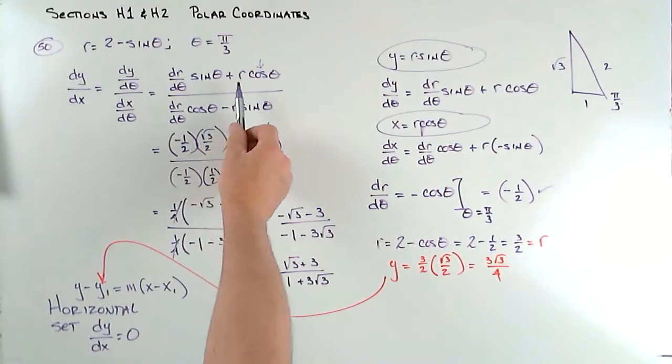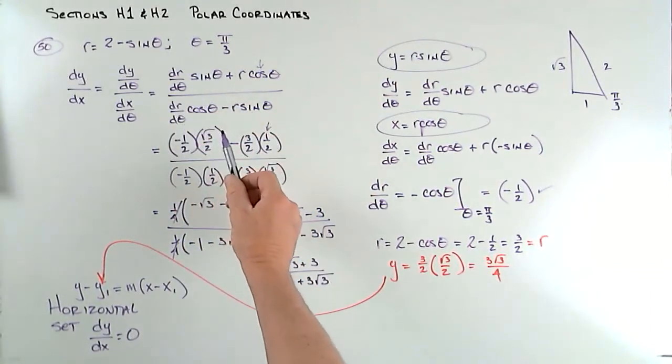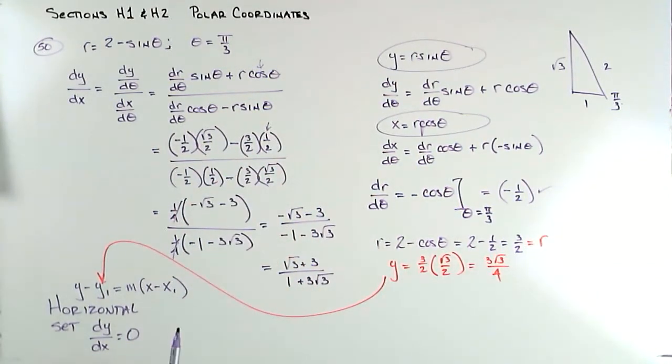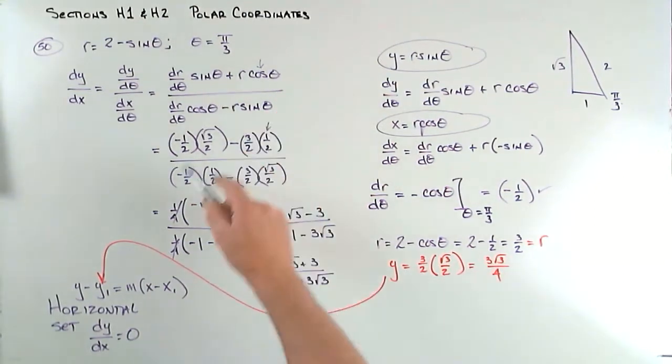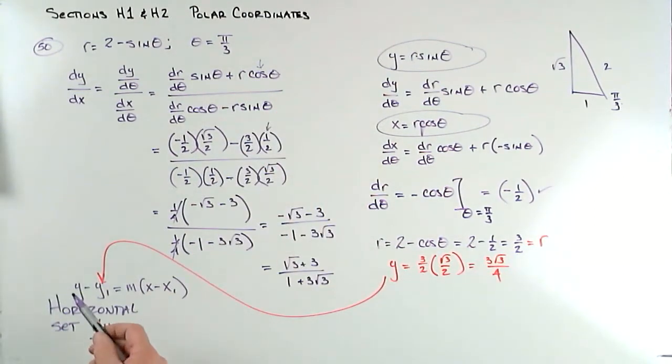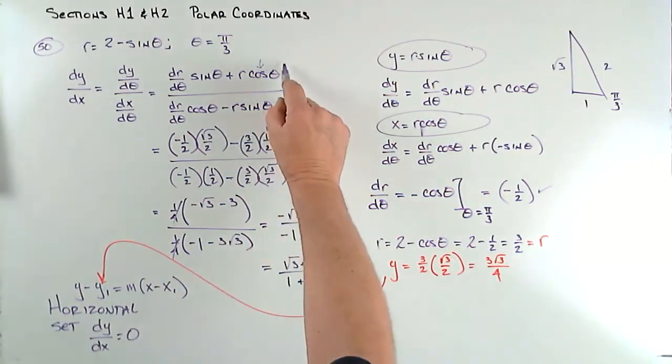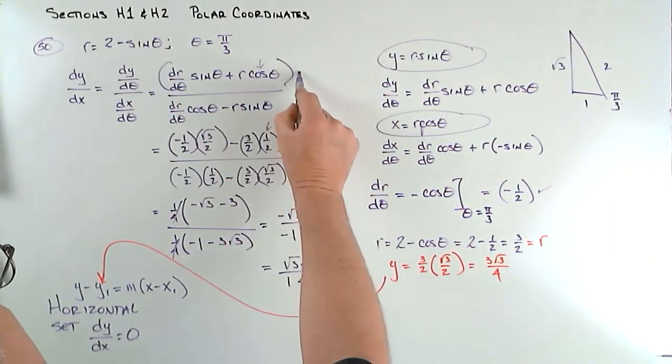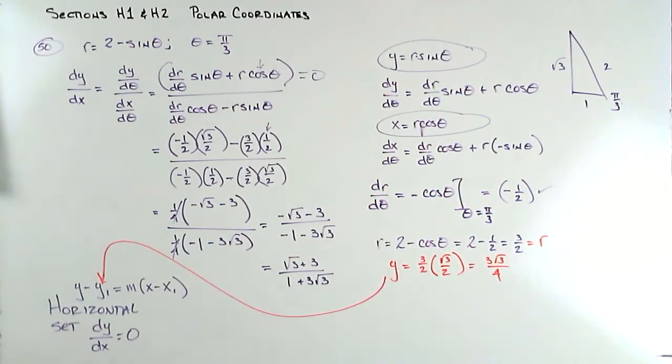Now, this slope is a fraction. Fractions equal 0 when the numerator is 0. So to do the horizontal tangents, you would take just the numerator and set that equal to 0.